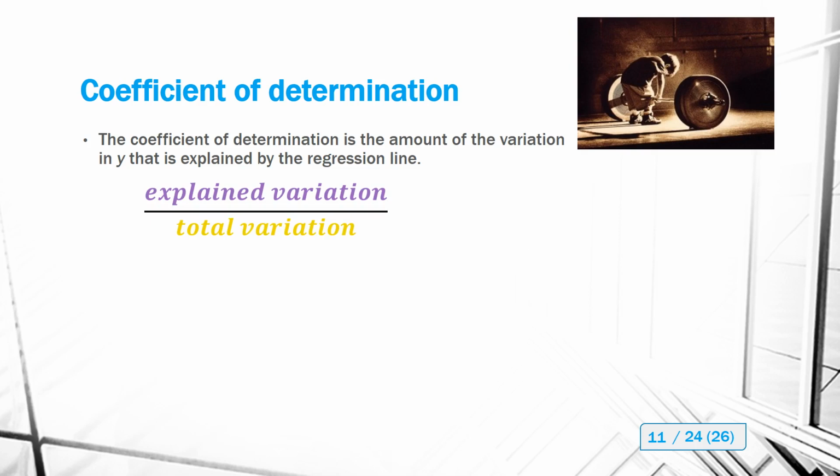So if we divide the one by the other, that gives us the fractional portion, or the percentage, if you will, of explained variation in our model. So if we substitute back in the mathematical equivalents for explained variation and total variation, what we get is actually the calculation for our R-squared value.